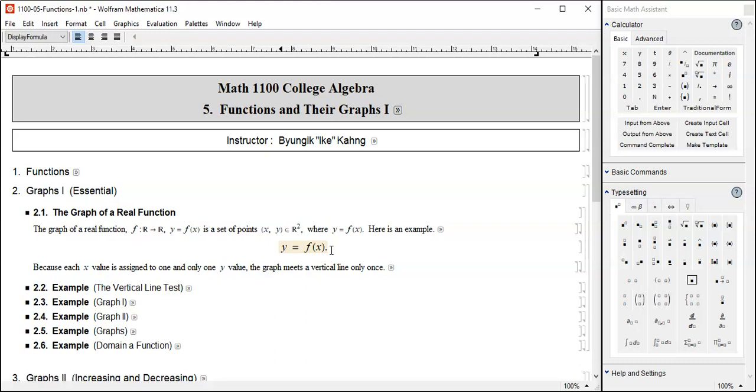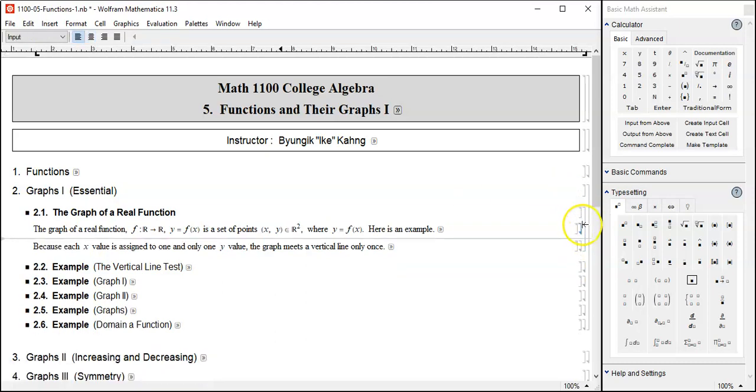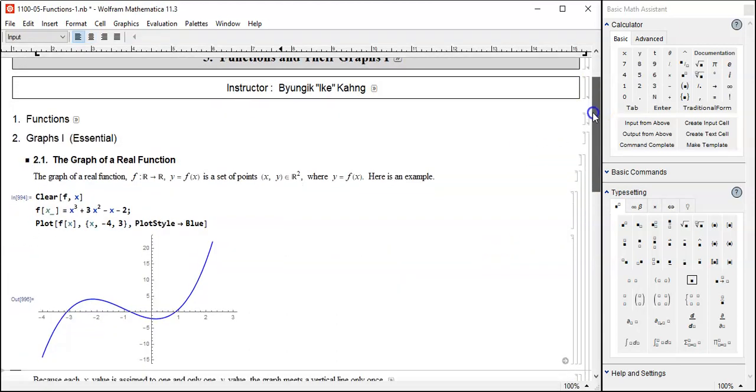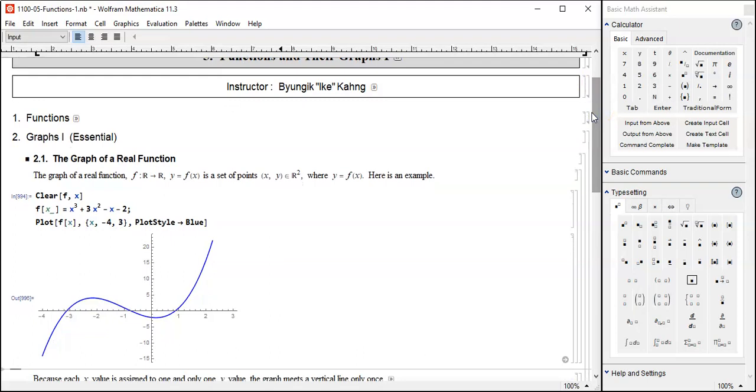I think I'll have to repeat this maybe 100 times throughout the course. The function value is the y coordinate. It's that important. Let's begin with an easy example. Trivially easy. We have this graph, y equals, or f of x equals x cubed plus 3x squared minus x minus 2, as good as any, and it is graphed from x between -4 and +3.